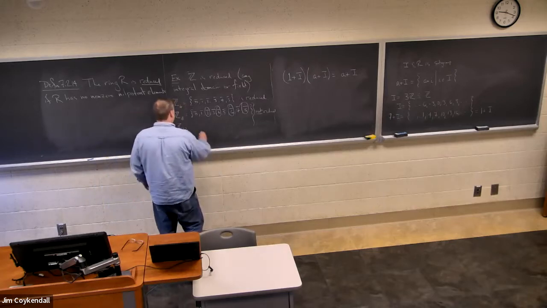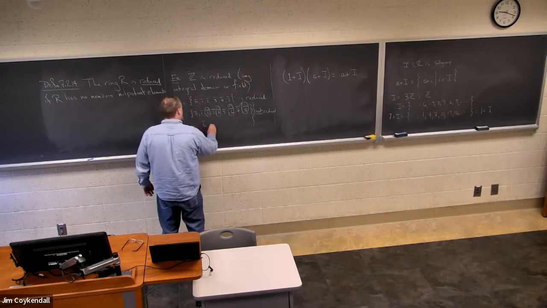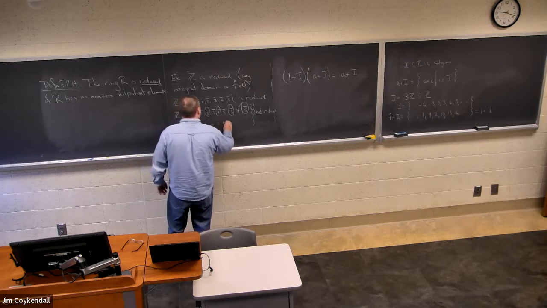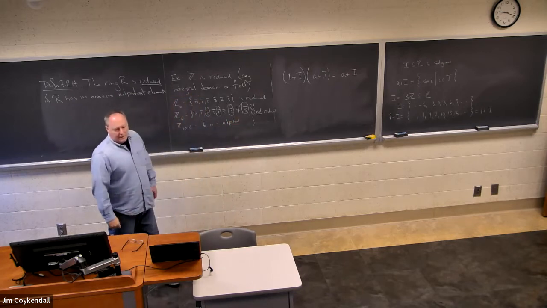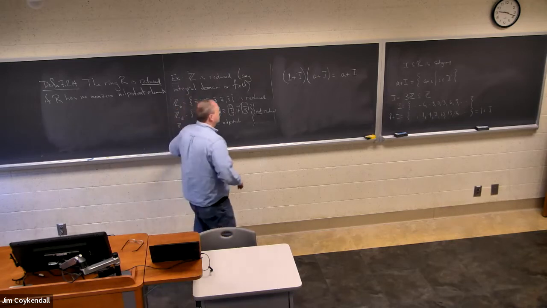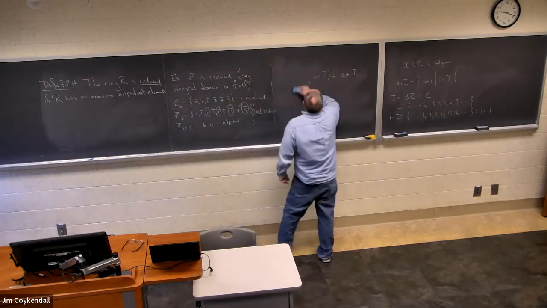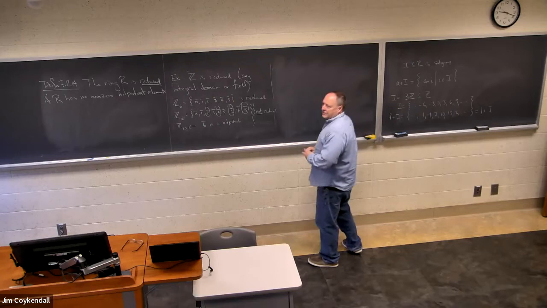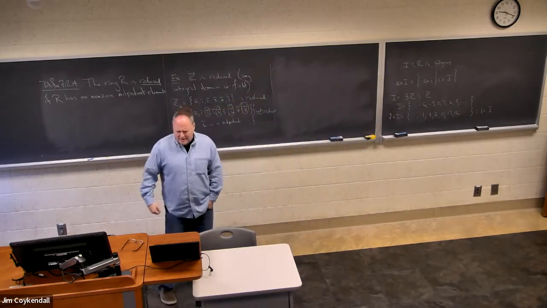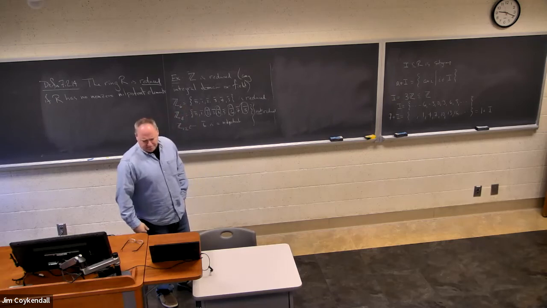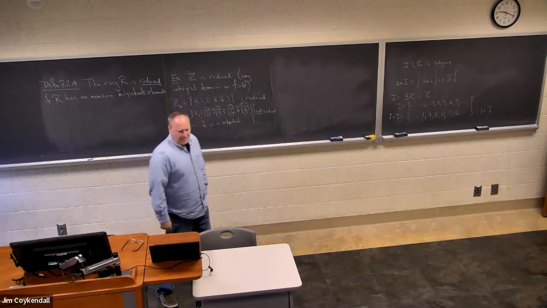And in Z12, 6 is a nilpotent that is not zero. So we just say it's reduced if it's got no nilpotents that are non-zero.